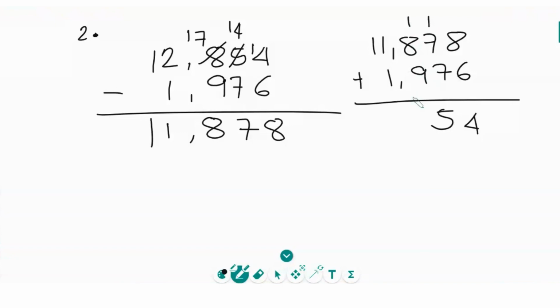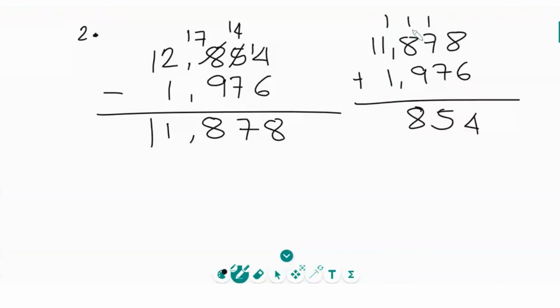Plus 8, that will give us 18, right? So 7 plus 7 is 14 plus 1 is 15, carry over 1. 9 plus 1 is 10. 10 plus 8 is 18. Carry over 1. So we have here 1, 2, 3.